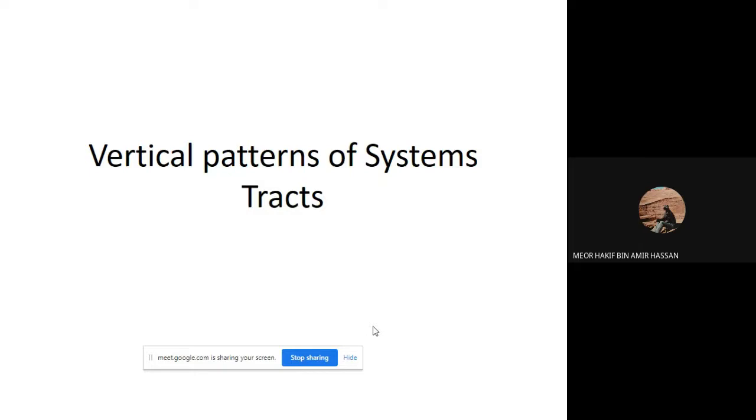So in the previous classes, we've looked at the basic principles of stratigraphy, how stratigraphy is controlled by the interaction between relative sea level and sediment supply. You get different kinds of patterns based on differences in the interaction between the two, different rates.